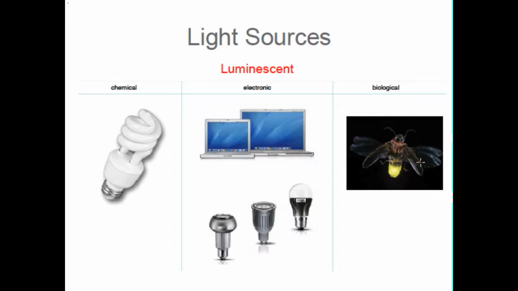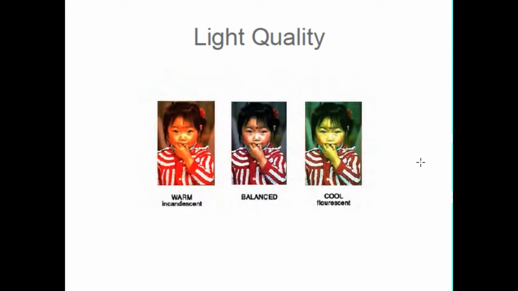Luminescent light sources will have a cool light quality, whereas incandescent will tend to have a warm light quality. Not too long ago, in the days of slide film, Kodachrome, Ektachrome, if you took a photograph indoors under incandescent light, the entire photo would have this warm, orangey, red-orange feel to it.